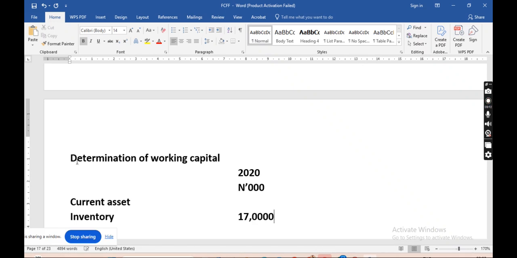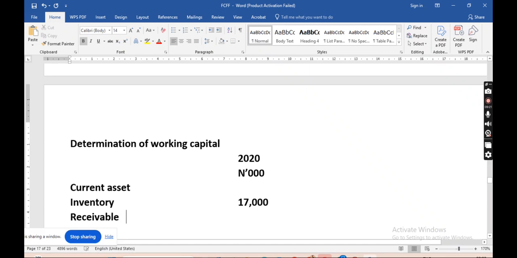Inventory 17,000. So receivable is what? What is the receivable? 13,790. Okay, 13,790. Thank you.